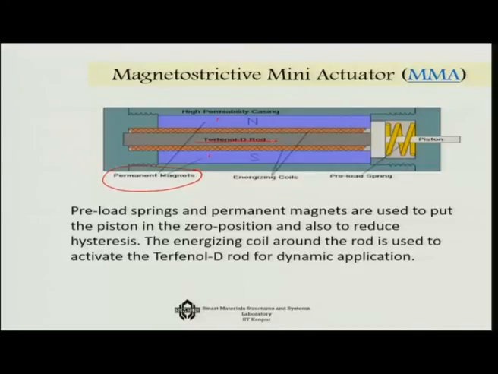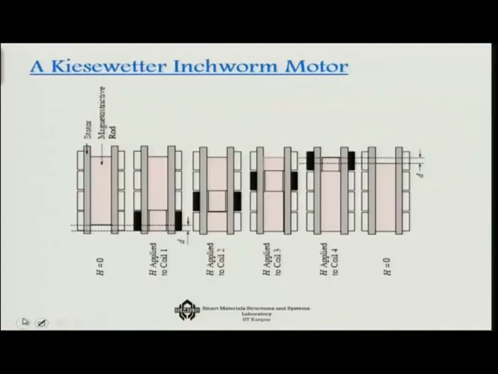The permanent magnet already gives a bias to the system, so by applying the electric field on top of that, you can move the system to and fro, and the spring makes sure that you get a more or less linear response over a good range. That's how you develop these magnetostrictive mini actuators, which you can use for vibration control.